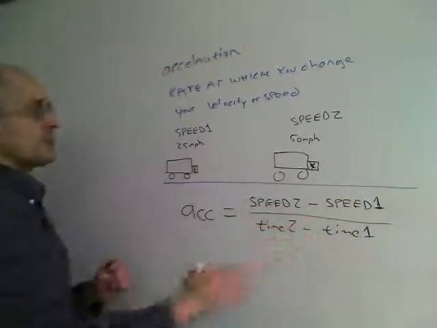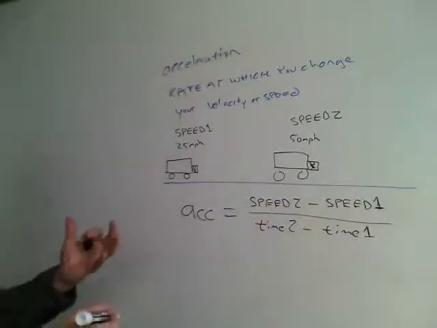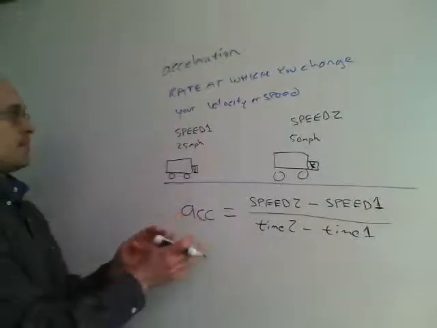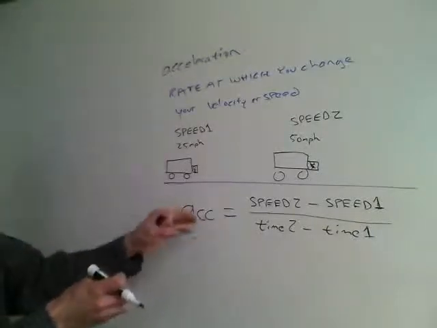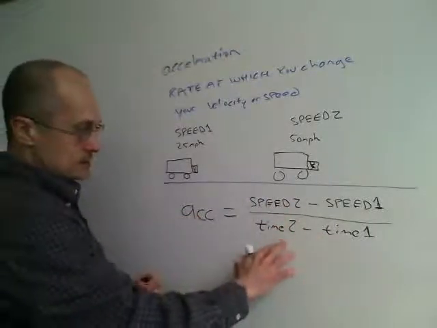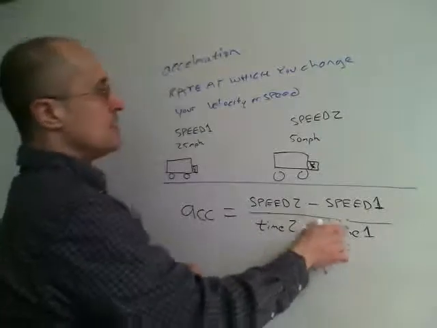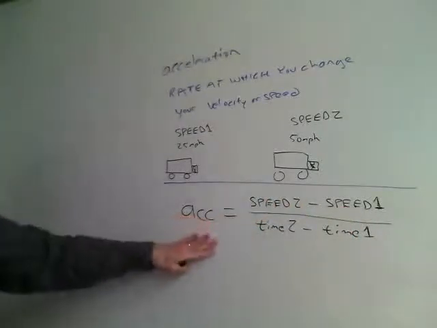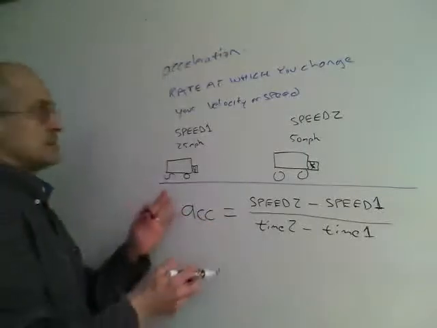And of course, when you want to buy expensive sports cars, this is what you're paying for, right? Your 0 to 60 time. How fast can I go from 0 to 60? You're paying for the smallest amount of time possible to go from 0 to 60. You're paying for acceleration when you pay for fancy, expensive sports cars.